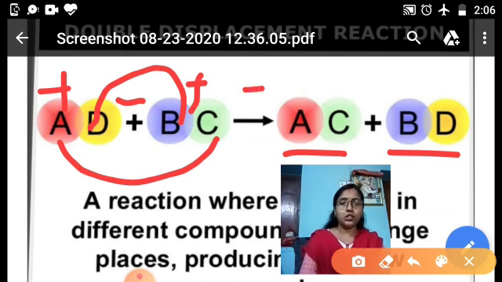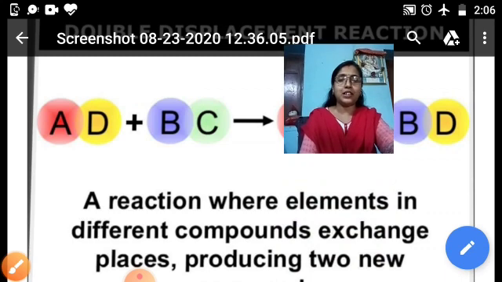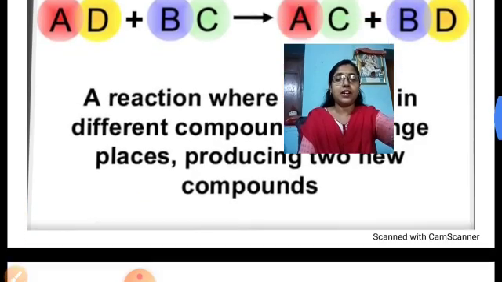So negative and positive will combine to form a new product. That is called a double displacement reaction. A double displacement reaction means a reaction where elements in different compounds exchange places, producing two new compounds.